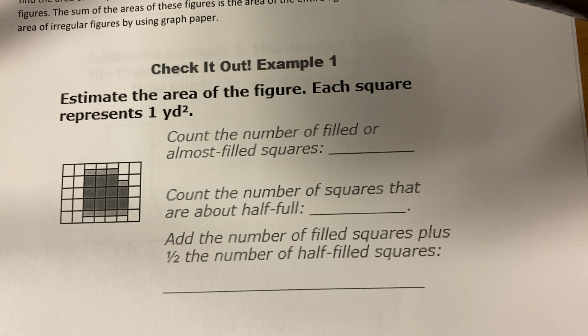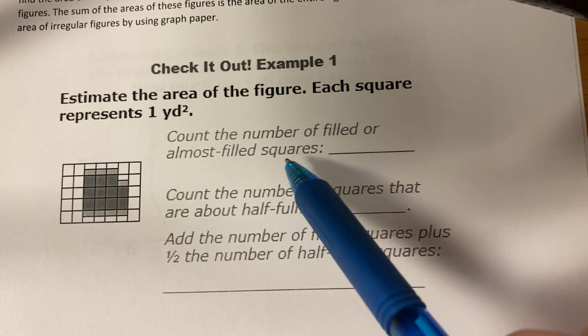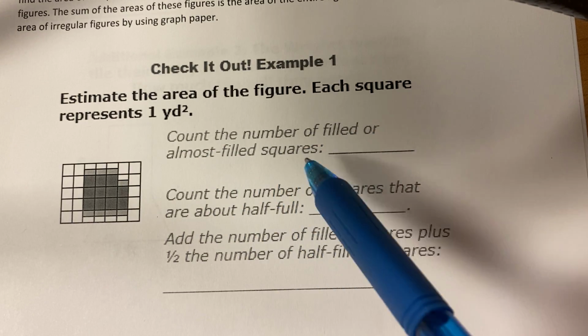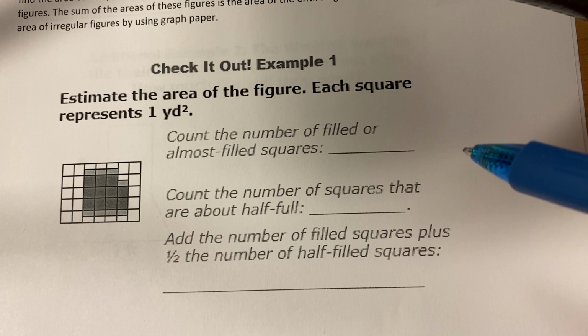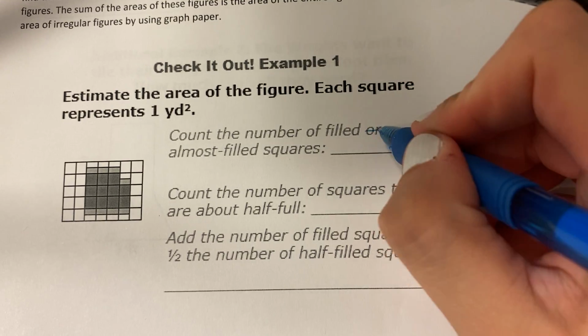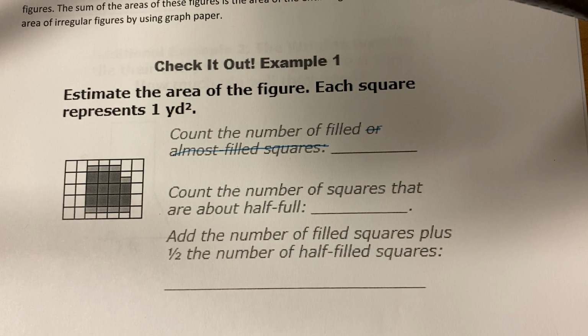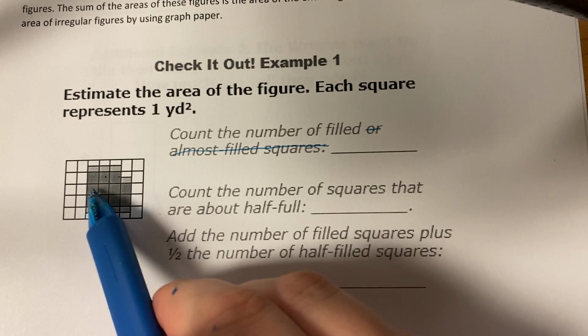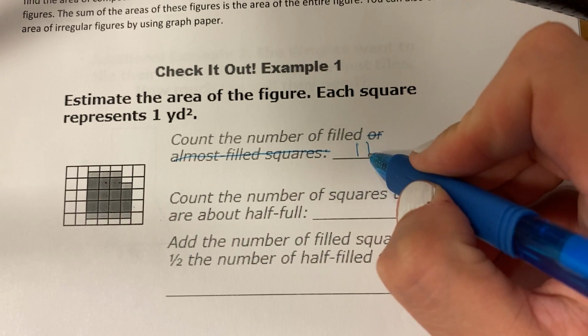All right, you should have answered these questions, but I feel like this is a good introduction to see what's going on. Count the number of filled squares. Sorry, I think the prompt has a typo. That is 1, 2, 3, 4, 5, 6, 7, 8, 9, 10, 11. So there are 11 full squares.